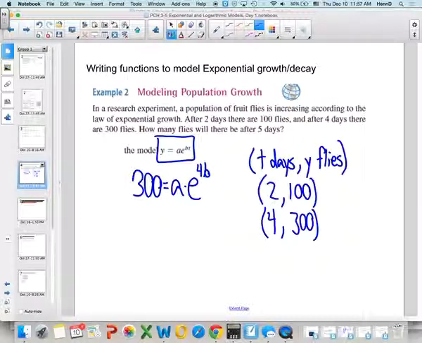Is everyone with me on that? Then I have 100 equal to a times e to the 2b power.